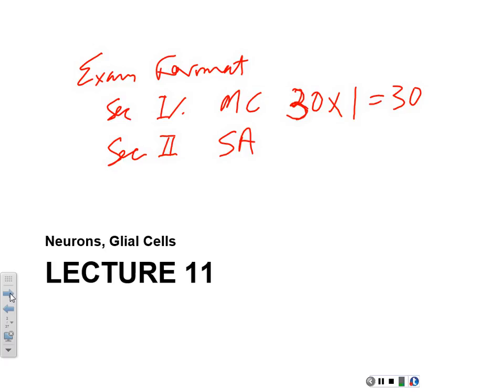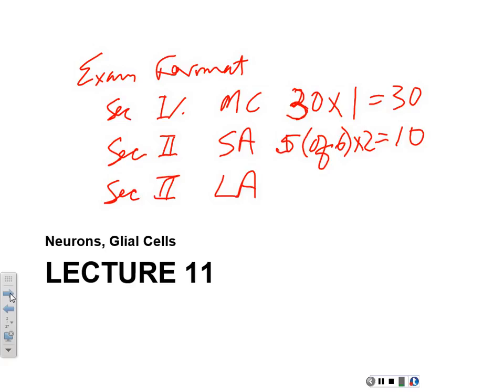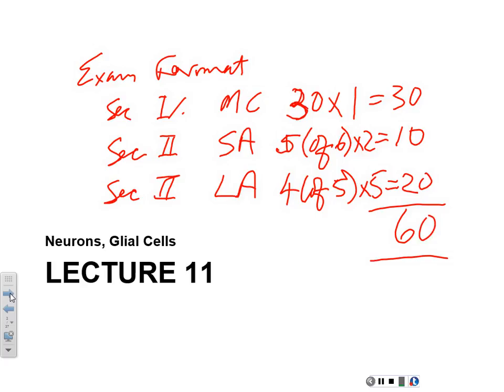And that's going to be 5 of 6 times 2 equals 10. And then section 3, it's going to be long answers as usual. It's 4 of 5 times 5, 20, 30, 60. Okay, so it's the same format we'll be doing.